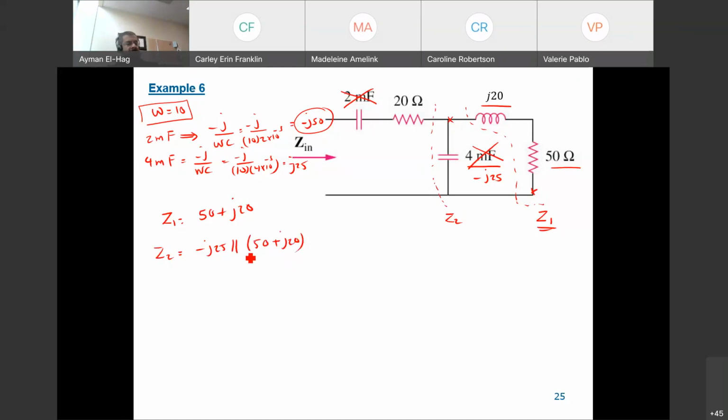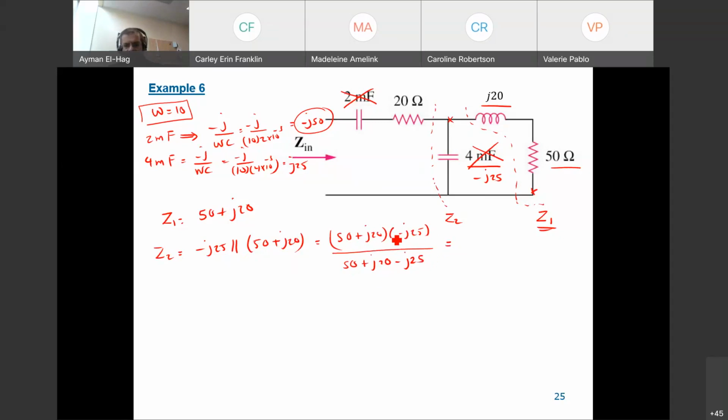One thing we learn when we have things in parallel: we multiply them and divide by their summation. So this is equal to 50 plus j20 times minus j25, divided by 50 plus j20 minus j25.